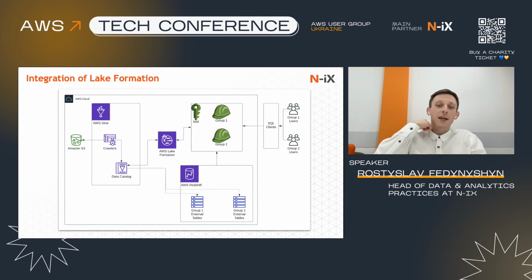For example, we can create two groups, group one and group two, for each of our teams in the organization. So we can provide access to group one and group two to their external schemas. Probably you need some admin role here to manage all the things. And finally, after all the steps, group one and group two users can assume their IAM roles and query data using the SQL query editor of their SQL clients.